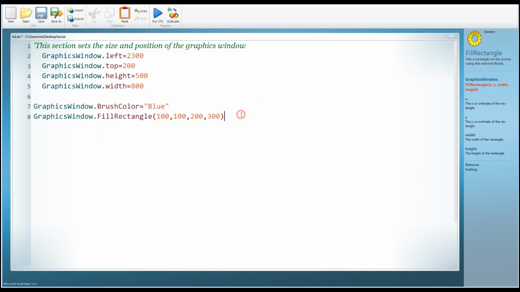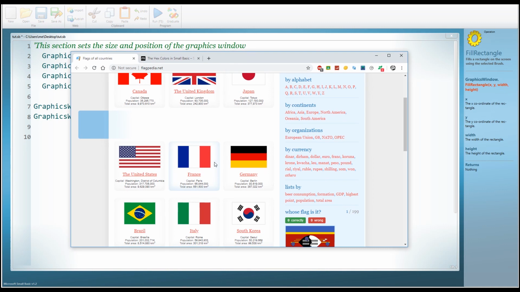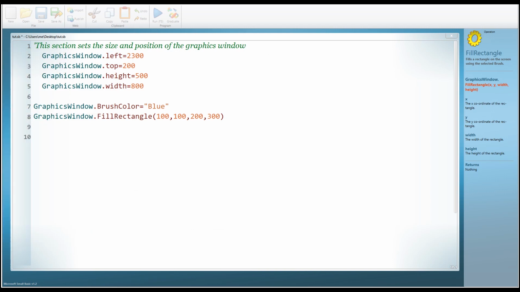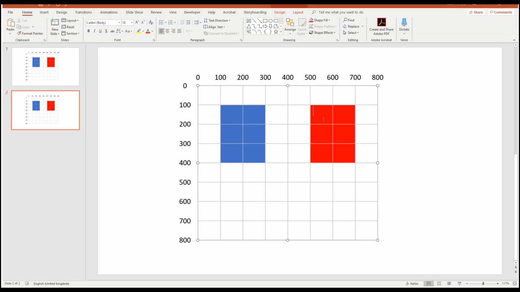So the next thing I need to do is think about the red part. So the red part of the flag is another vertical rectangle, but it's as far apart from the blue one as the same width as the blue one. So that white strip in the middle needs to be included. So here where I've got my drawing on my grid, I need to look at the top left corner of the red rectangle, and you can see that that is 500, 100.